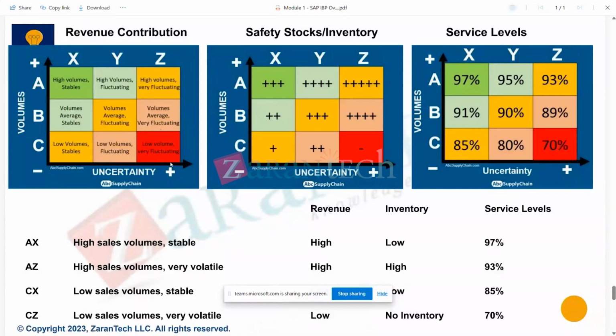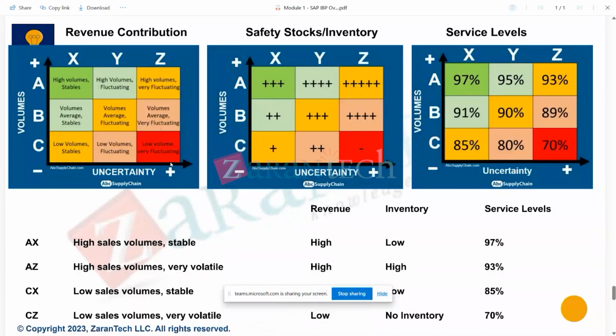He might have got this project in 2023, but he may not get this project again in his lifespan. So that's the reason you don't need to plan any inventory for this customer, and this customer should be operated as MTO, that is made to order. So you should have a process in place wherein if you receive an order for this material which has low volume and very high uncertainty, then you have to identify this product or this customer as an MTO customer.